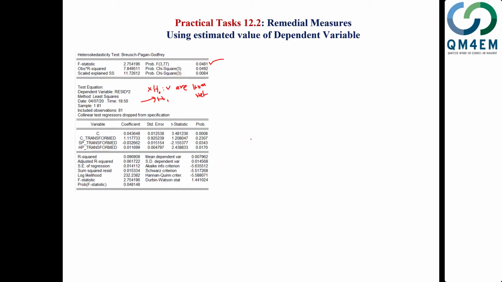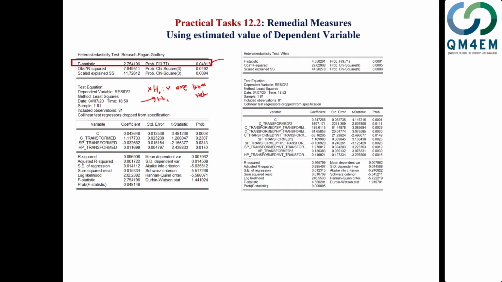And if we apply the White test, you see here the White test is also statistically significant at 1%. N times R squared follows a chi-square distribution, and that shows a very high statistical significance. So this also shows that the heteroscedasticity problem is there.